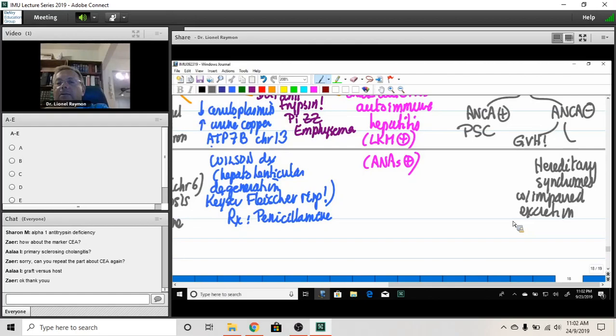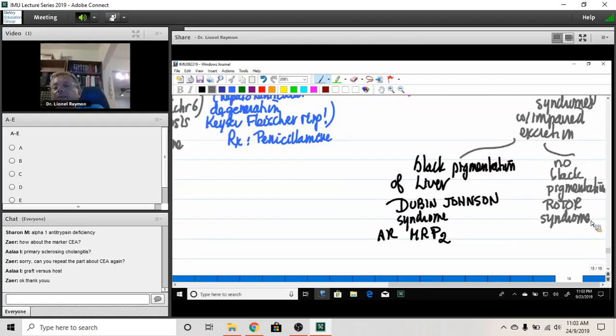And in Rotor syndrome, you have again an autosomal recessive disease, but this time it's the getting the bilirubin into the canaliculi for excretion through a solute carrier protein that's called SLC, solute carrier 21A.